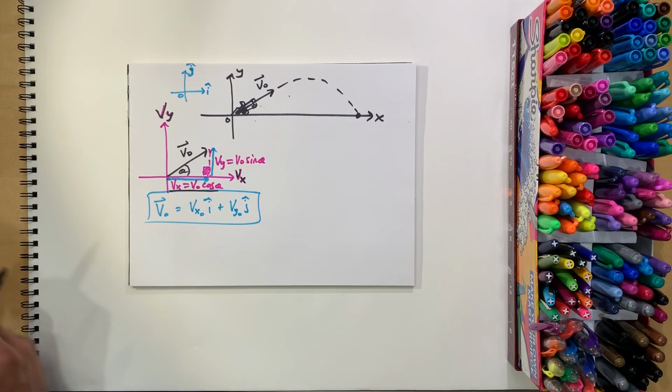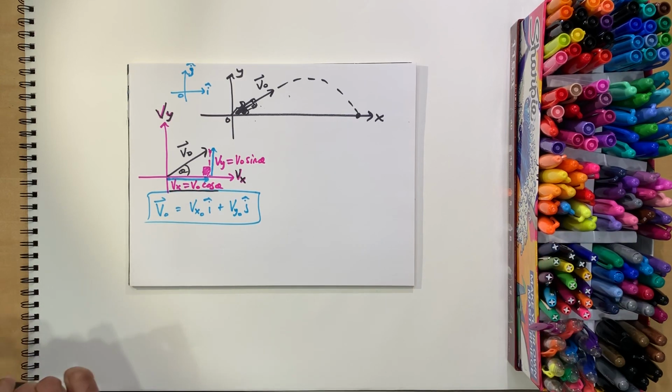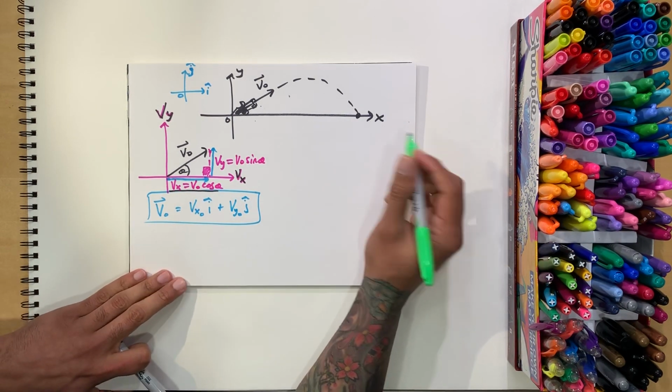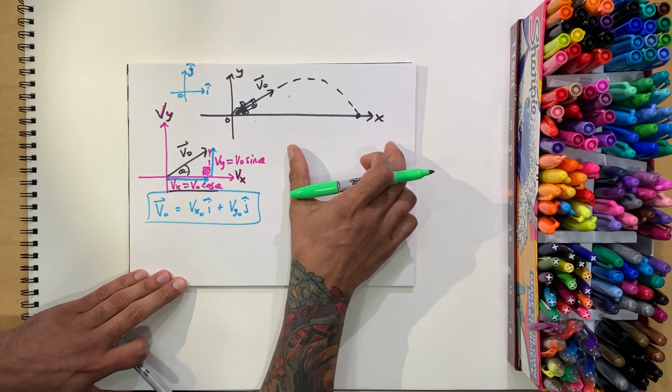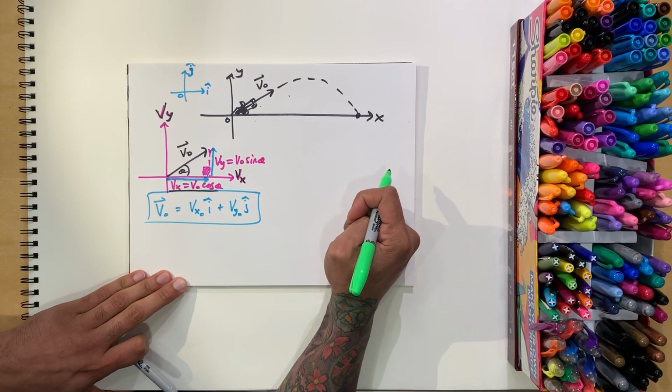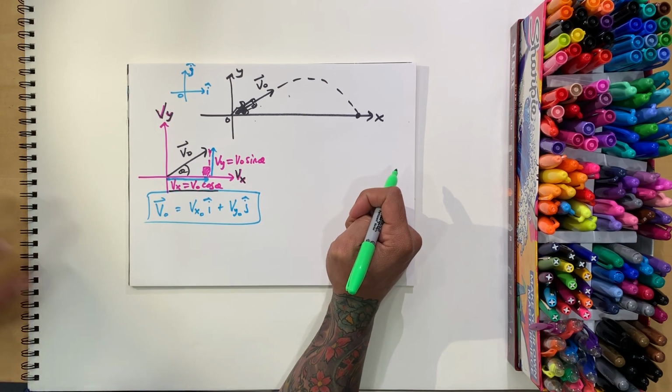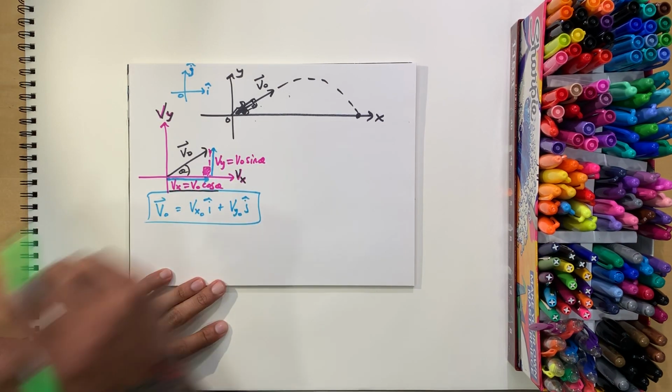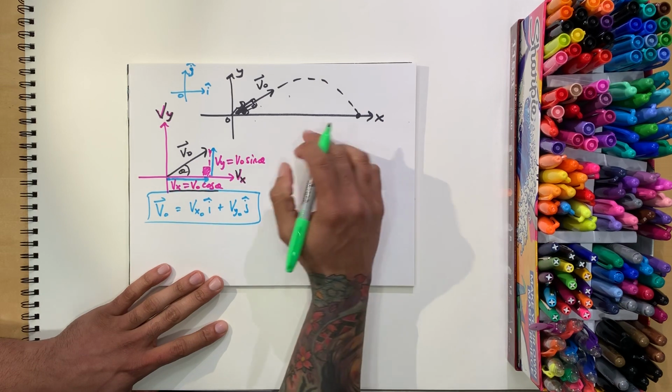So I like to use a general formula, okay, and it is the kinematic formula that you're gonna need to remember. It's gonna be very important for most of the calculations you're gonna do for a projectile and other things coming up.